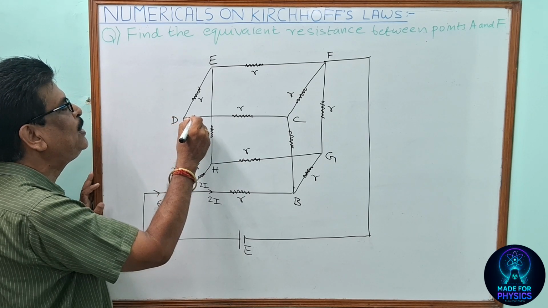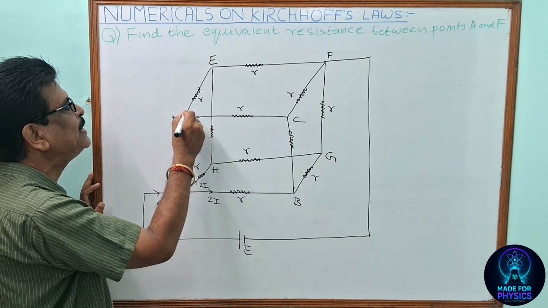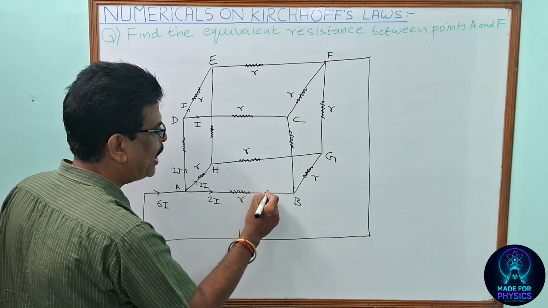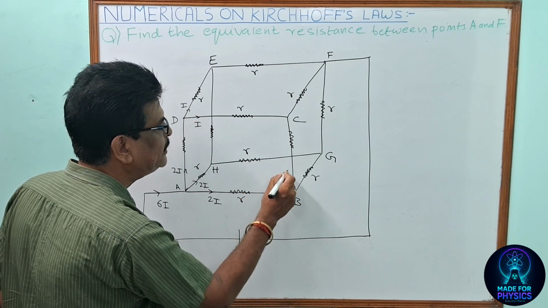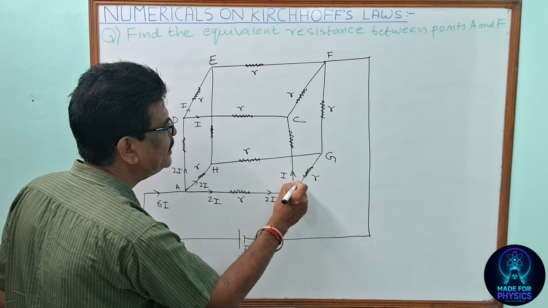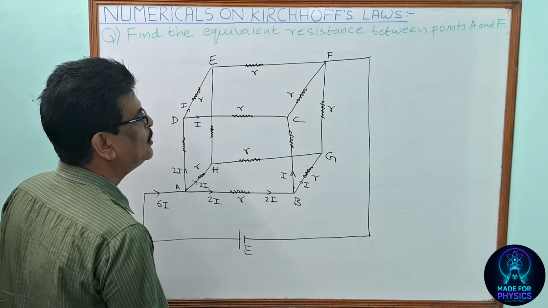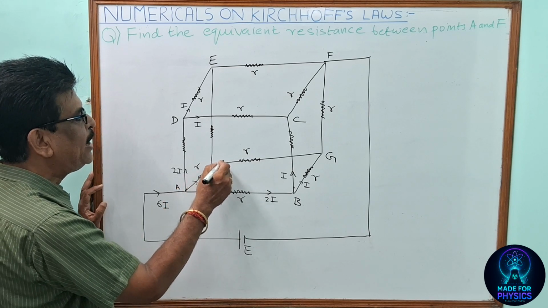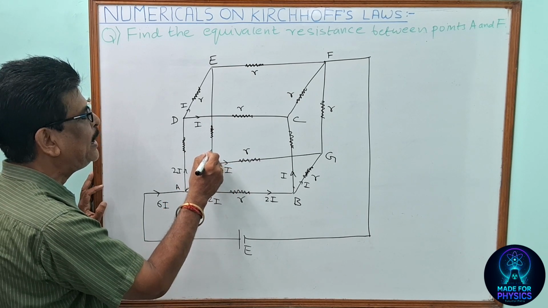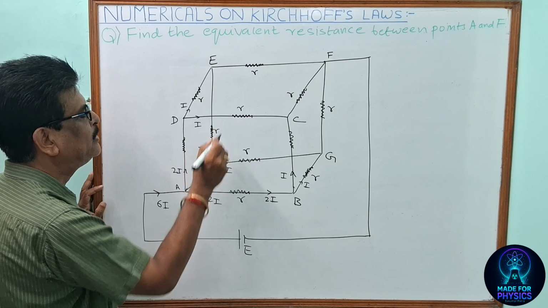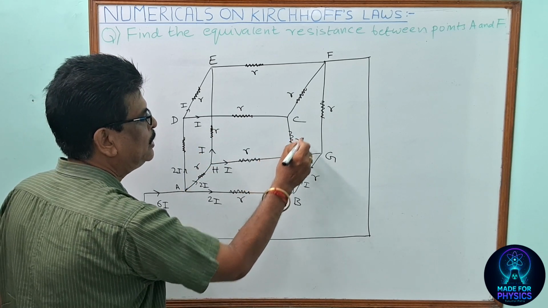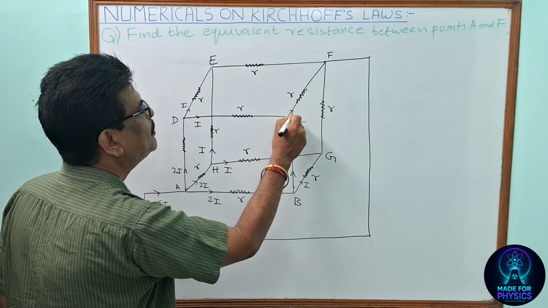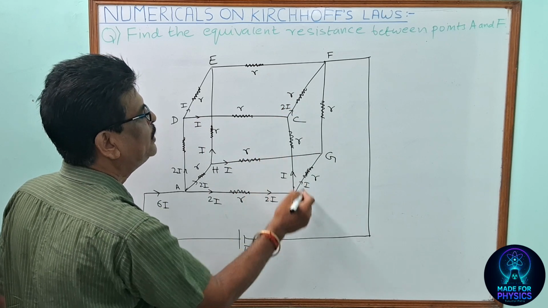This 2I will get equally divided as I and I. This 2I will get equally divided as I and I. And this 2I will get divided equally as I and I. So you can see that this current and this current will come and get as 2I.